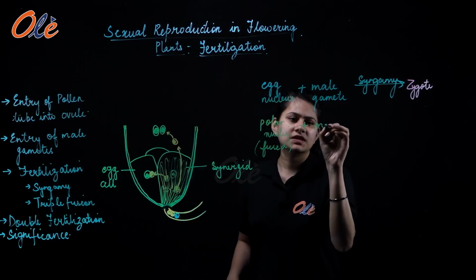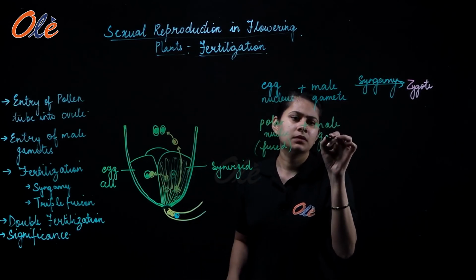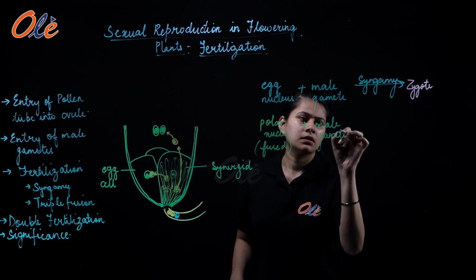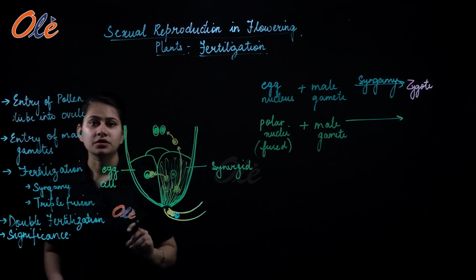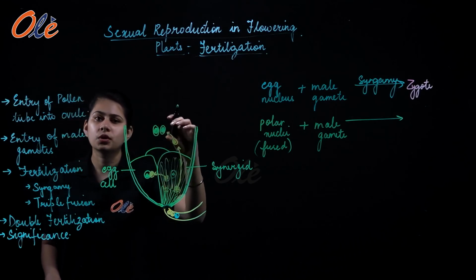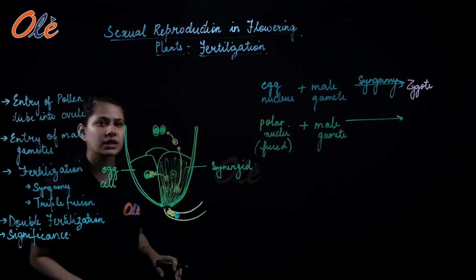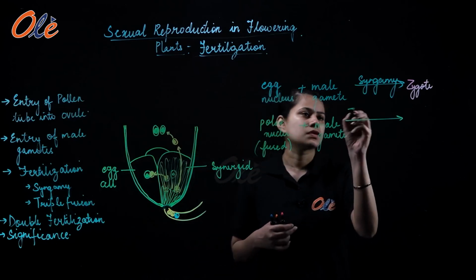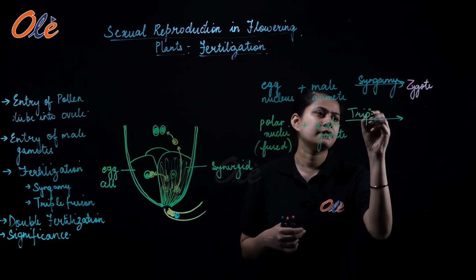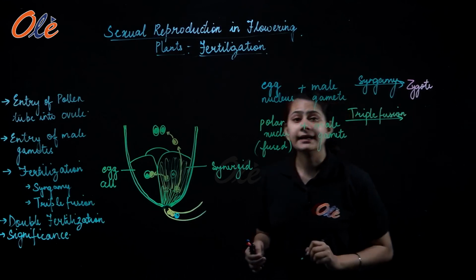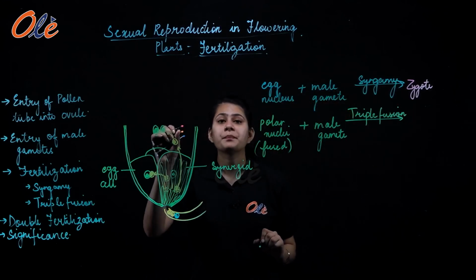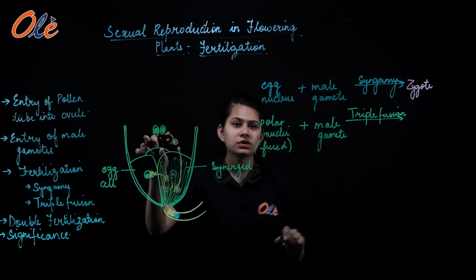And the male gamete is also going to come and fuse with them. And this is in fact known as triple fusion. Triple fusion क्यों? क्योंकि दो polar nuclei और एक male gamete nuclei are fusing together. So this is called as triple fusion. And it leads to the development of a primary endosperm nucleus.